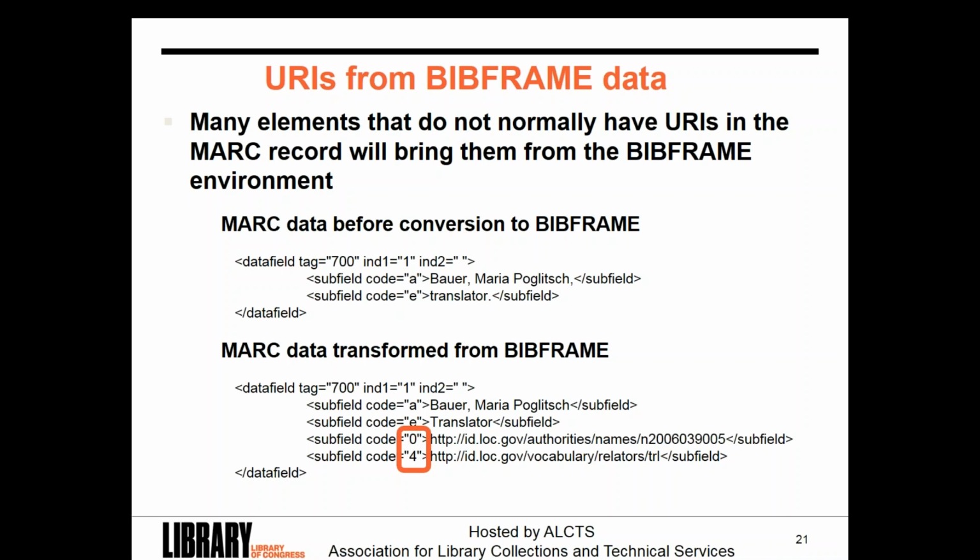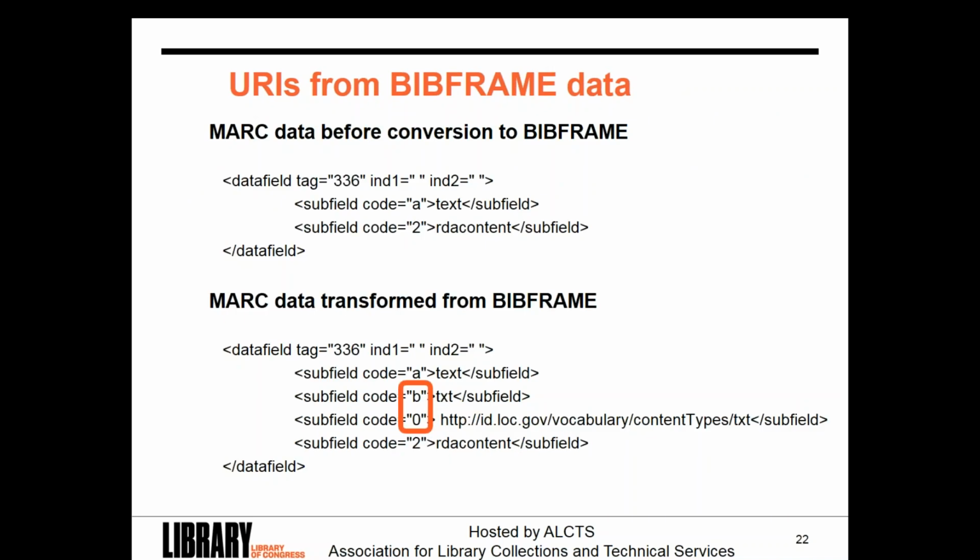Another example is the 336, where you tell some form of the record, that the record is in text.